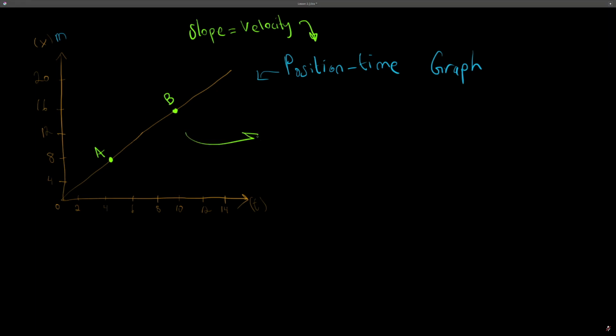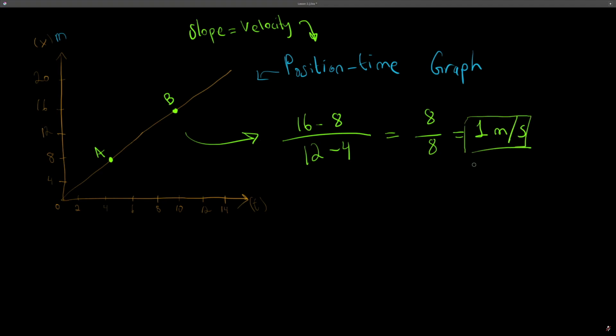In this case, the slope would be rise over run, so 16 minus 8 over 12 minus 4. That is 8 over 8, and you would get 1 meter per second. So this is the average velocity of our object here.